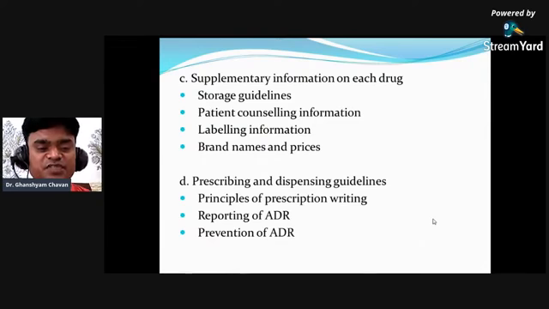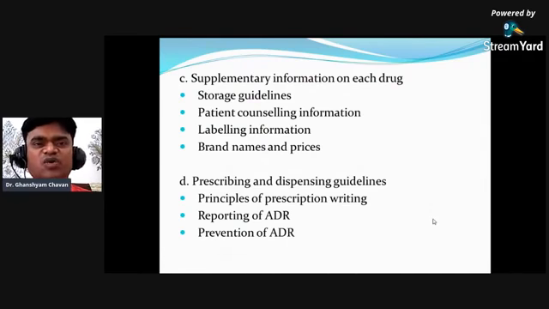After this, reporting of ADR is also very important. In India it is not working very efficiently, but in developed countries like the US, UK, European countries, Australia, New Zealand, South Africa, and also Brazil, Sweden and Norway, they are working in a very good manner.